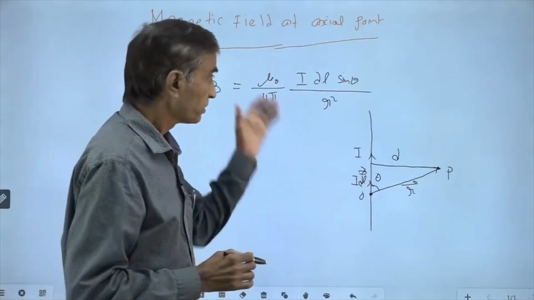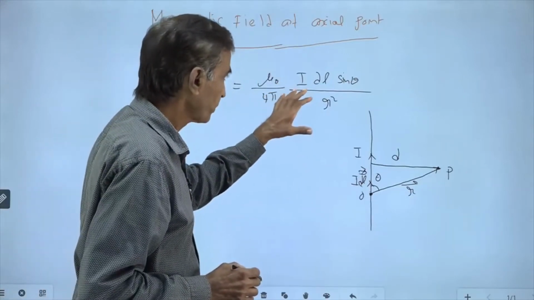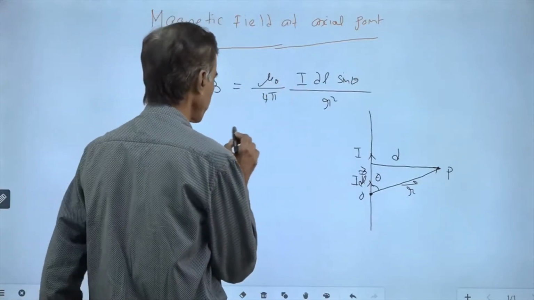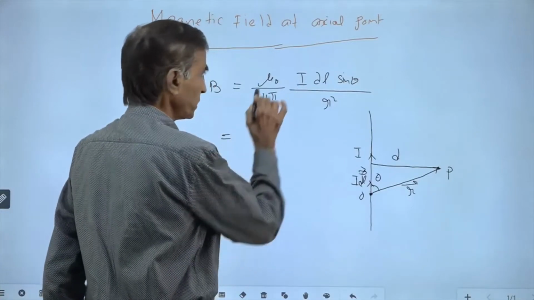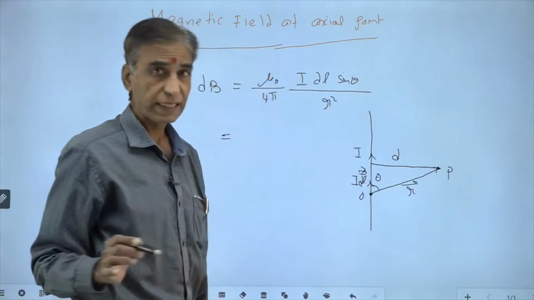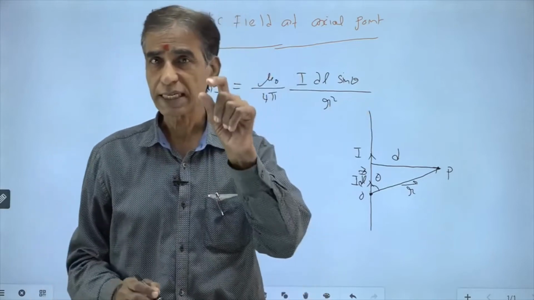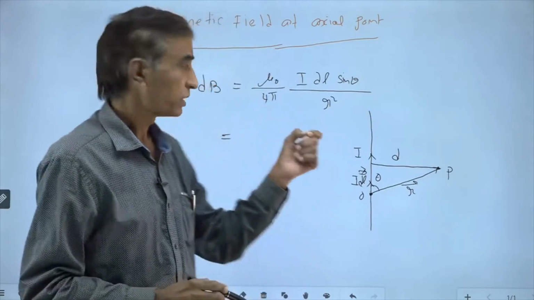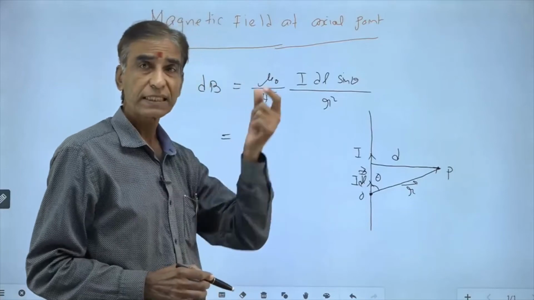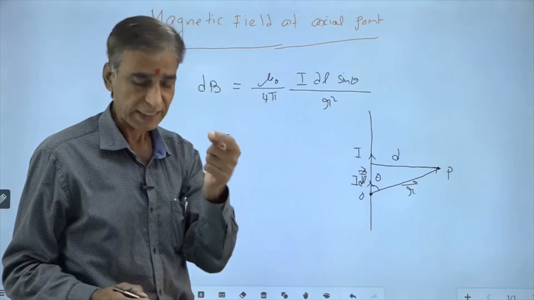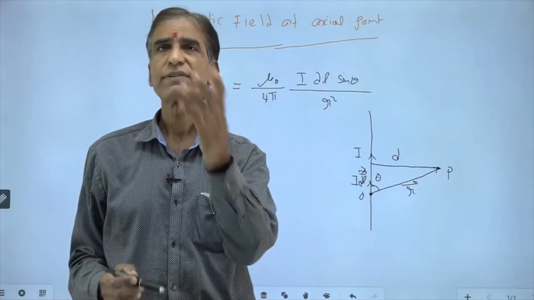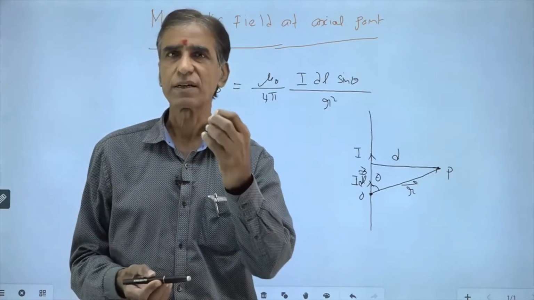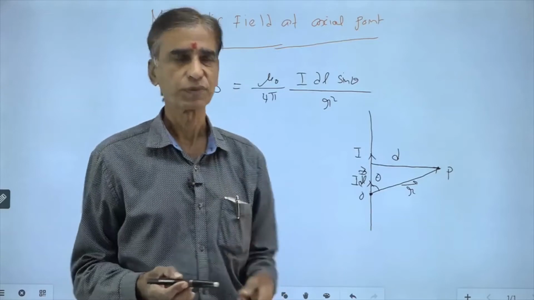Now in vector form, see how we are going to write this. This is the magnitude. Now I have to indicate the direction of this dB, the magnetic field. For that, we already know we use a unit vector, because a unit vector indicates the direction.